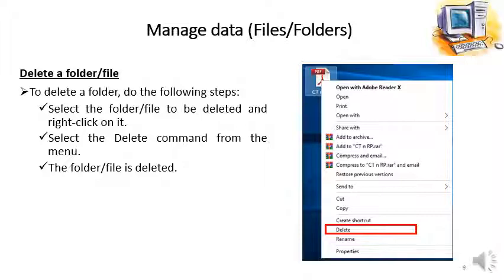The folder or file is deleted. Whenever we select the delete command, that selected file is going to be deleted and moved to the recycle bin. Or another way of deleting a file or folder is to just press the del key on the keyboard, del for delete.